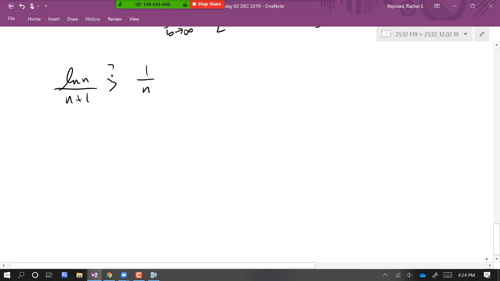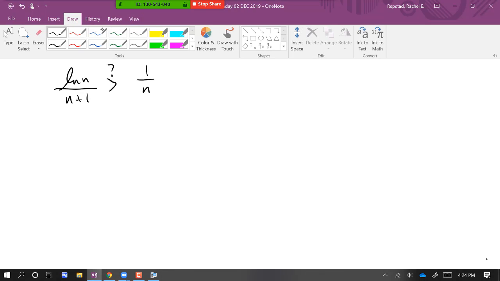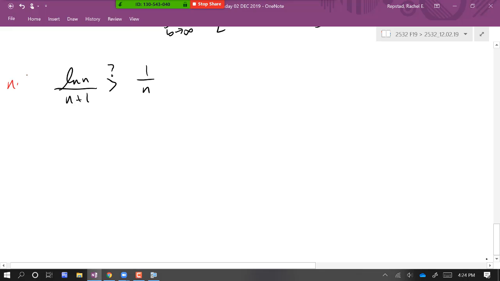So we got a big question mark here right now, but if we multiply both sides by the LCD just to clear denominators, that would look like this. n and n plus 1 are both positive because we're looking at n at least as big as 2. So we don't have to worry about having to flip inequalities around.